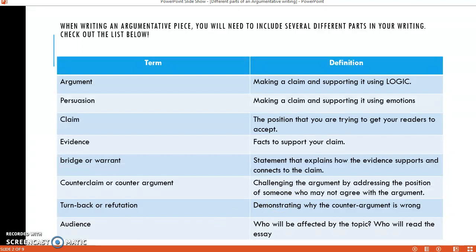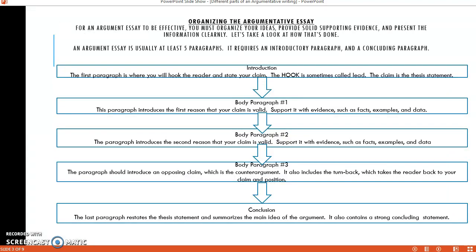And then your audience. It's important to consider who your audience is, who's reading your piece, okay? And how are they going to be affected by what you're writing in the topic. Okay, so when you are writing your argumentative essay, you have to organize your ideas.